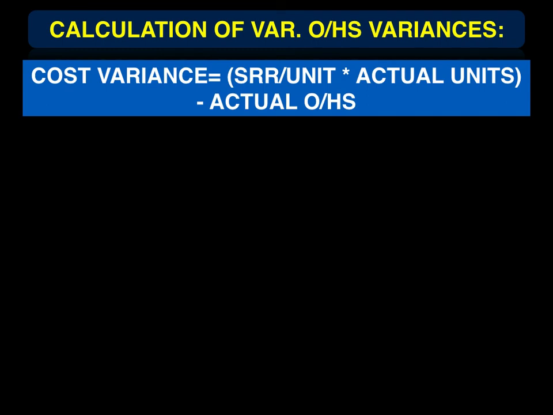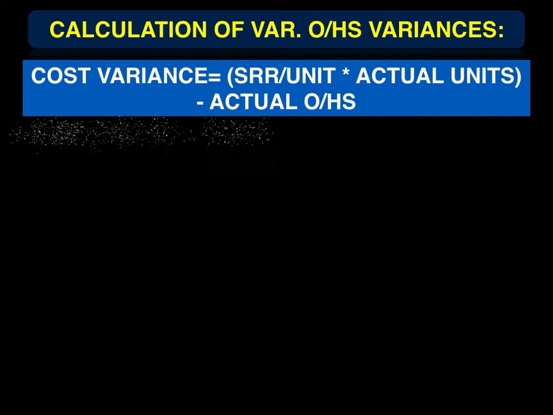First one, obviously we will start with the cost variance. We know the formula. The cost variance is SRR per unit multiplied by actual units minus actual overheads. So if we calculate that, SRR per unit was 26, actual units were 250 and actual overheads was 7,000.